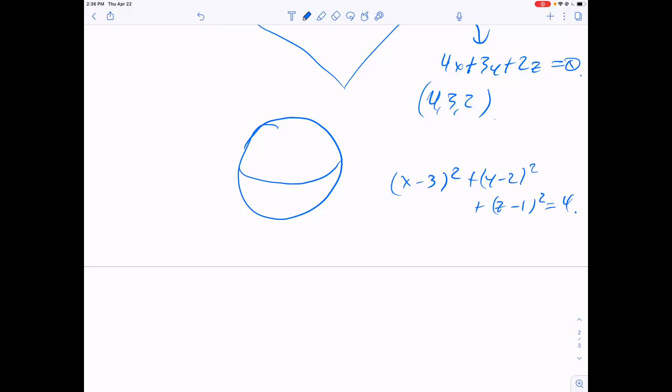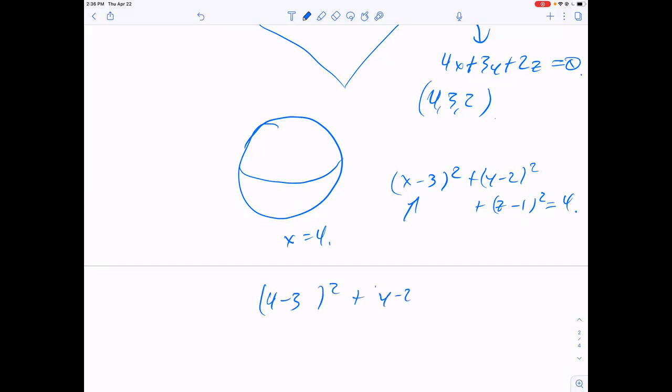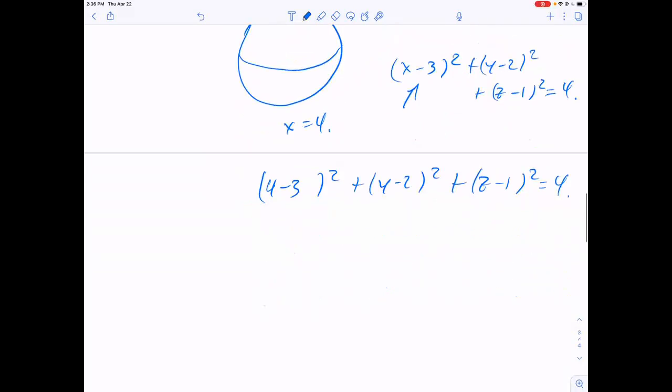And so what I was hoping you would do is take x is equal to 4 and plug it into this, okay? So that would give you (4 minus 3) squared plus (y minus 2) squared plus (z minus 1) squared is equal to 4, okay? And so then we get 1 plus (y minus 2) squared plus (z minus 1) squared is equal to 4.